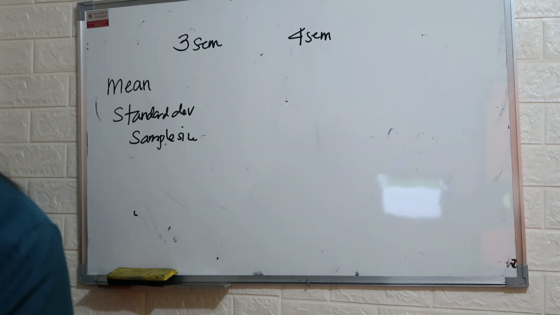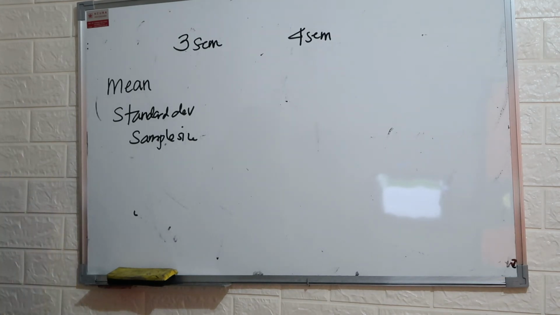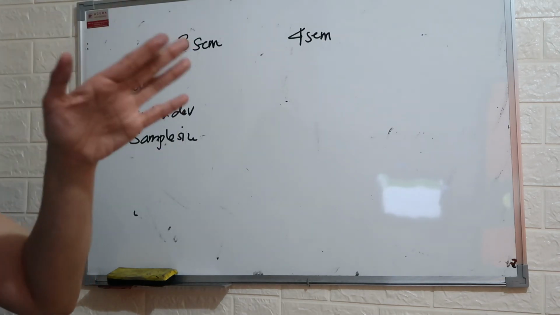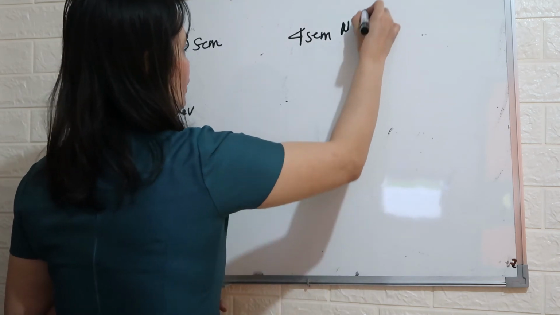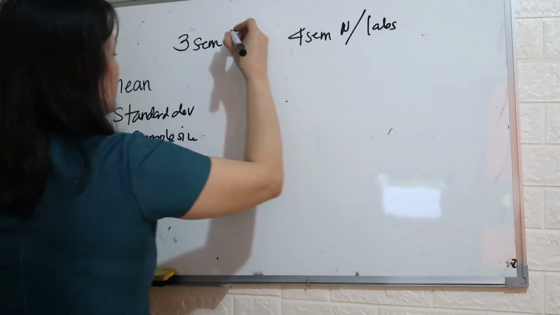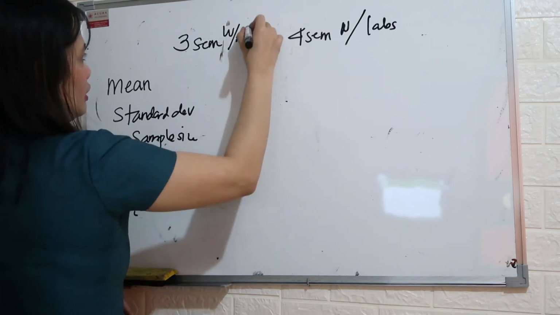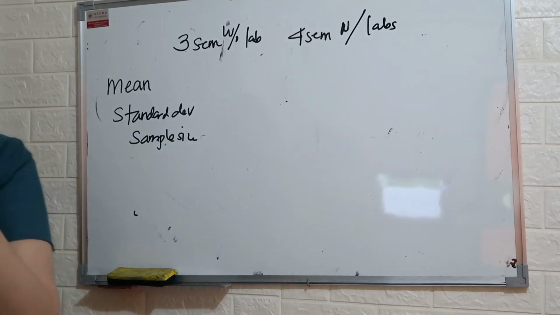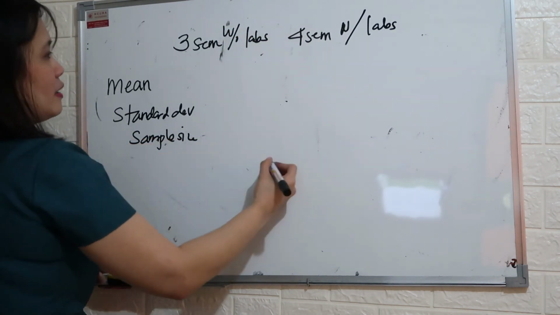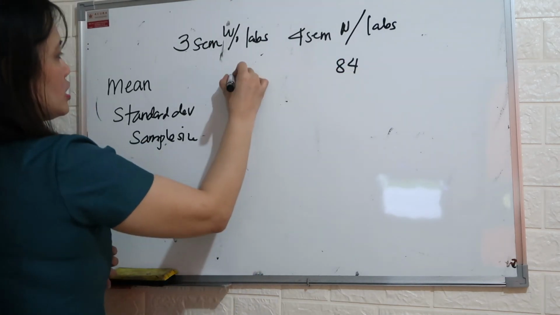So is the 84 with laboratory or without? With laboratory. Okay, so that would be 4 semester with lab, and this one is without. So we have 84, and then the other one is 77.